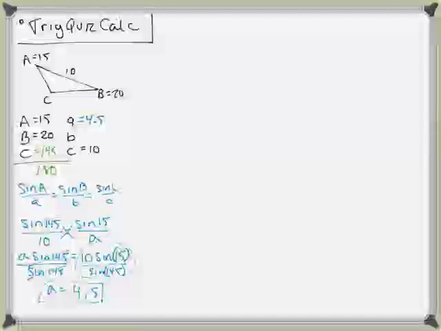We still have to find side B, so we're going to repeat the process. I like to go back to the first set, using the same side and angle that I used, just in case that 4.5 is wrong, then my next answer could still be right. This time we use sine of 20 over B to find the last piece of information. Cross multiply.